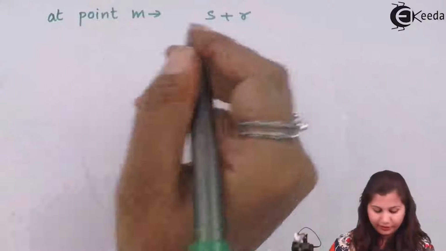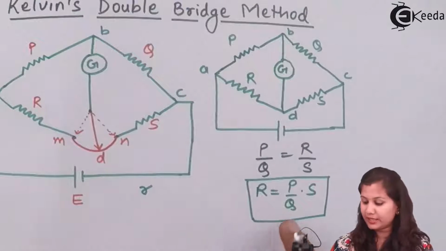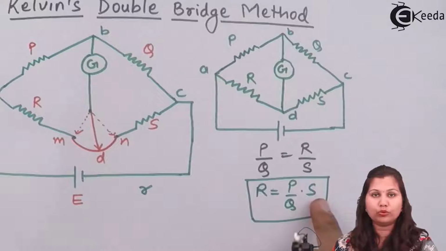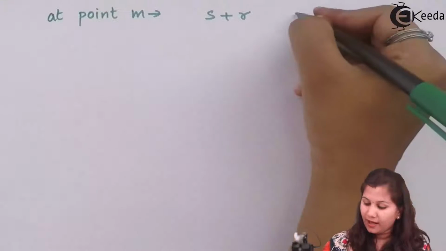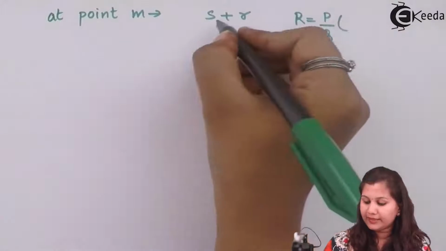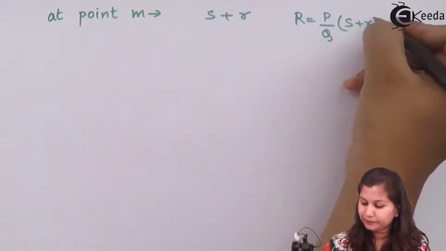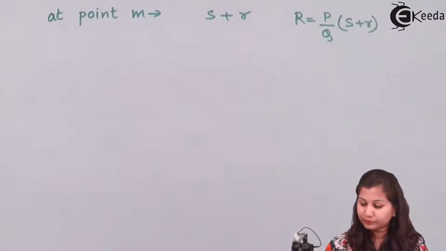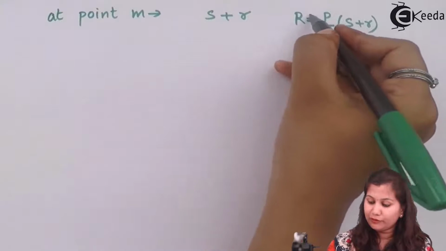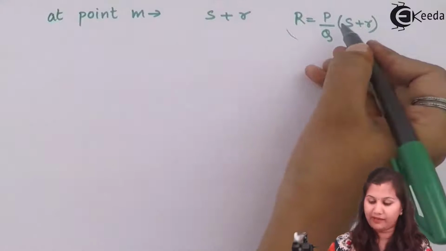In the ratio we studied in the Wheatstone bridge, R equals P by Q into S, so R will be equal to P upon Q into S plus r. Here we will get the value of the unknown resistance lower than the actual value.